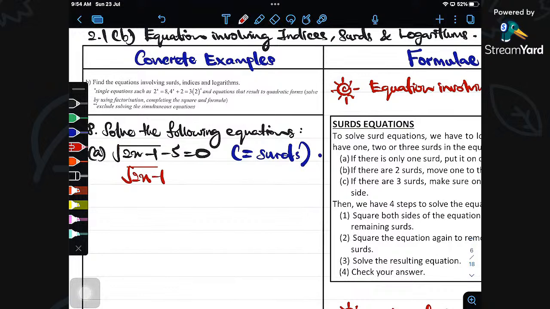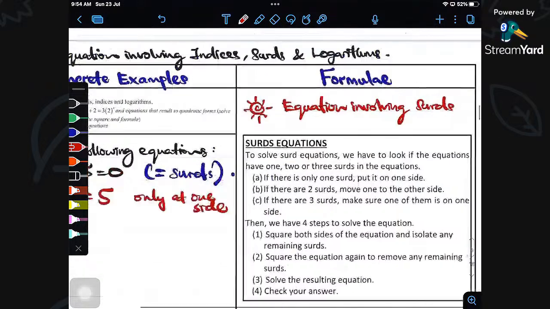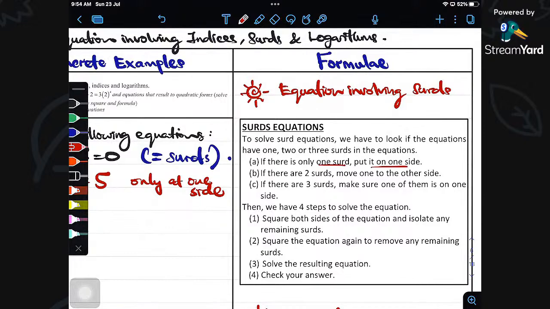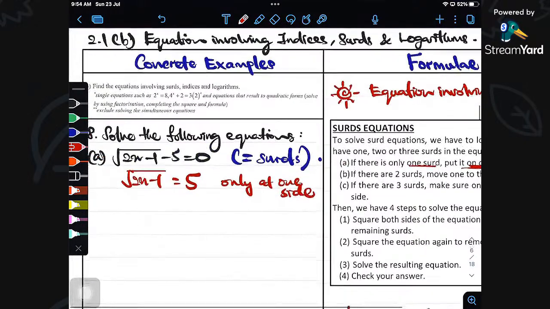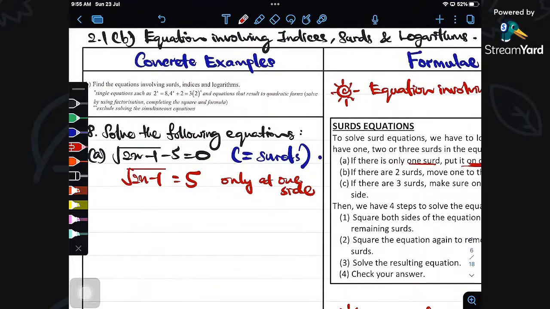So in this case, square root of 2x minus 1, you gotta make sure it is only at one side. You tengok ni arahan ni. If there is only one surd, put it on one side. Okay, so this is what I put. I put it on the left hand side.